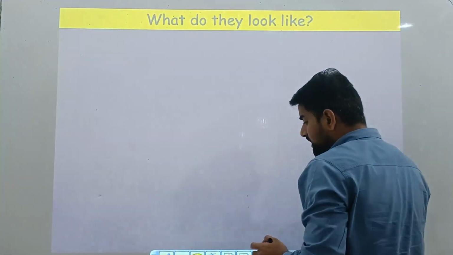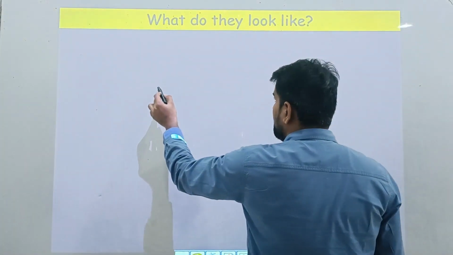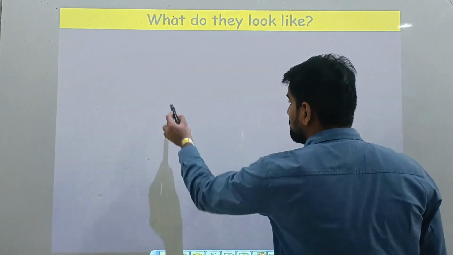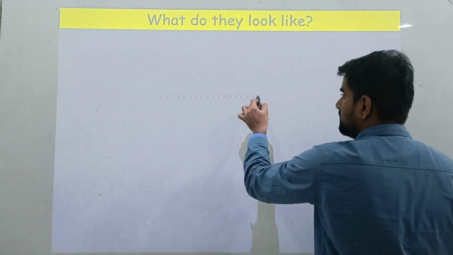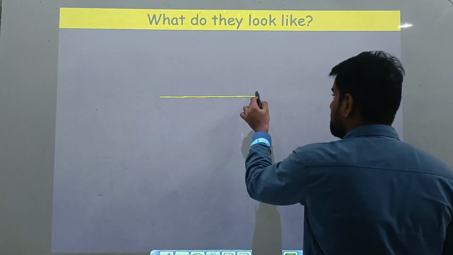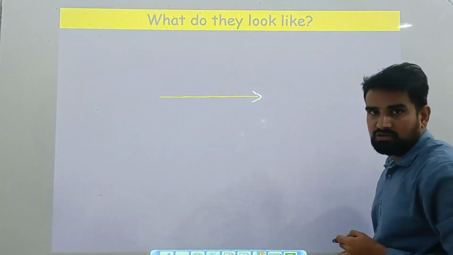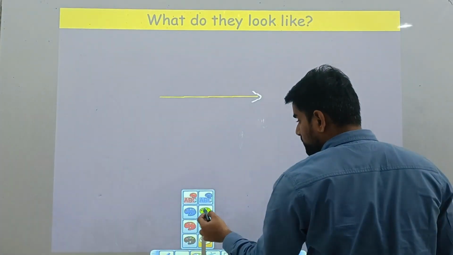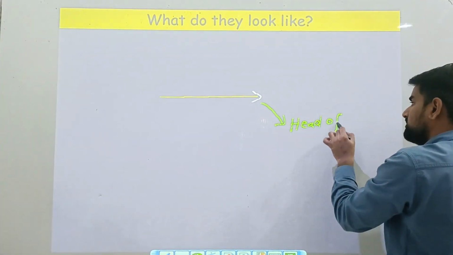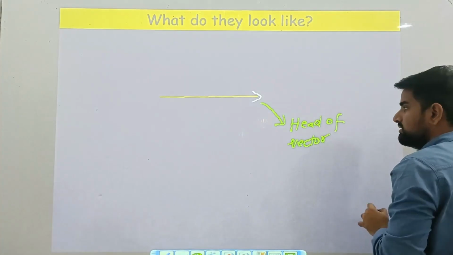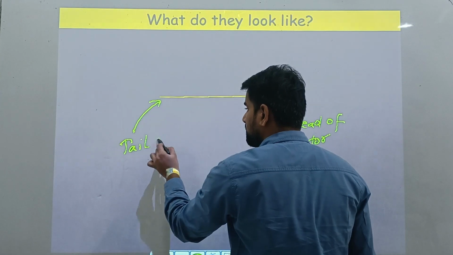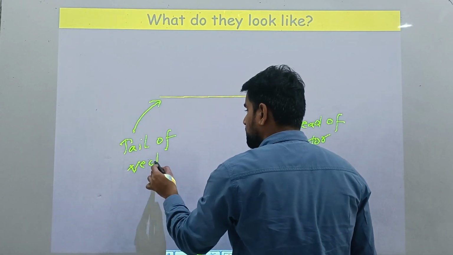If I draw a straight line here, and say this is a vector, then in this representation you must know that this is basically known as the head of the vector, and this portion is called the tail of the vector.